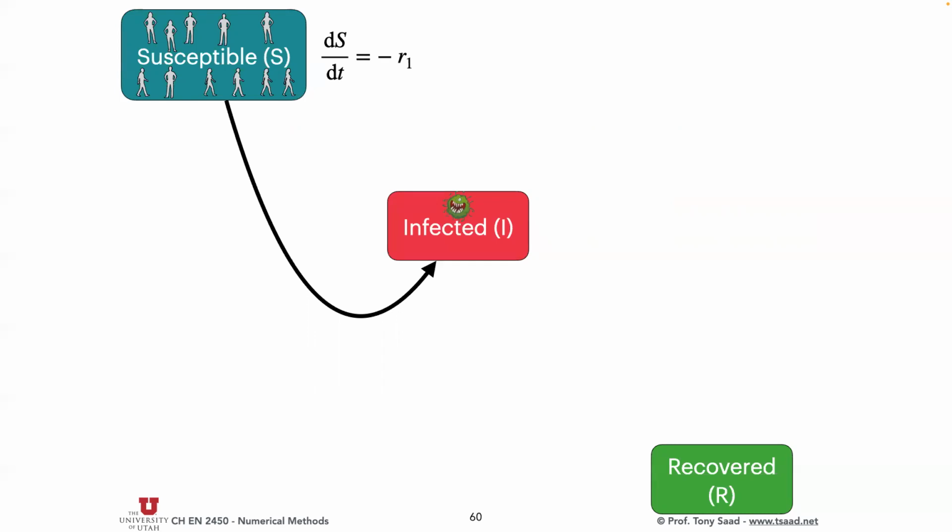So that population of susceptibles, we call it S. The rate of change of the susceptible population is dS/dt equals minus R1 because it's being depleted. Now we can think about R1. R1 is going to be dependent on the susceptible population itself. If you have 1,000 people in a room and 1 infected person, you're more likely to bump into the infected person versus if you have 2 people and 1 infected person, right?